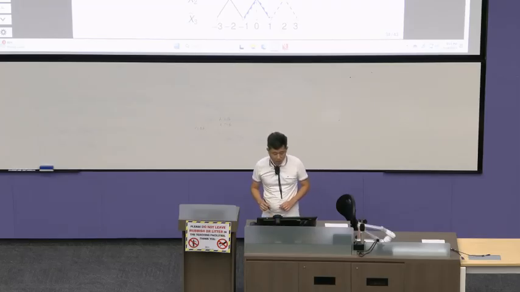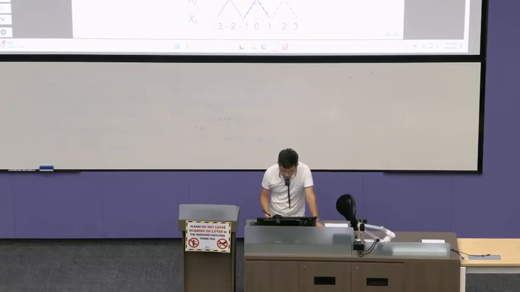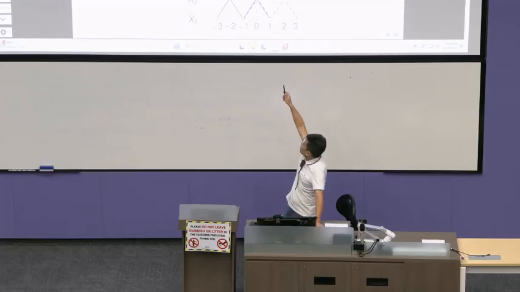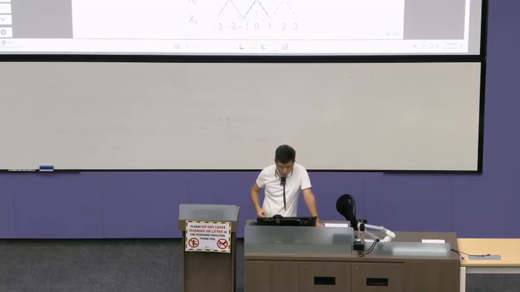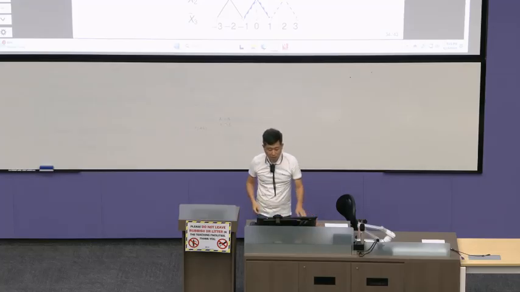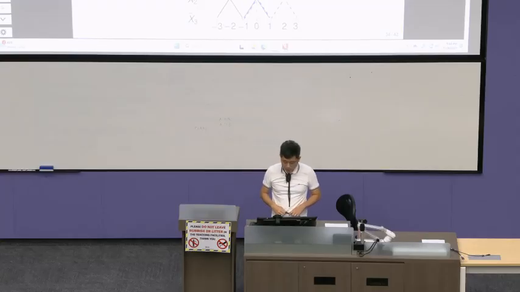Okay. But the difference is if you look at this, the probability of x3 tilde equals 1, given x2 equals 0 and x1 equals 1. So I know the past information at time t equals 1 and time t equals 2. And if you look at the chart, x1 equals 1 is here, right? Then x2 equals 0 is here.